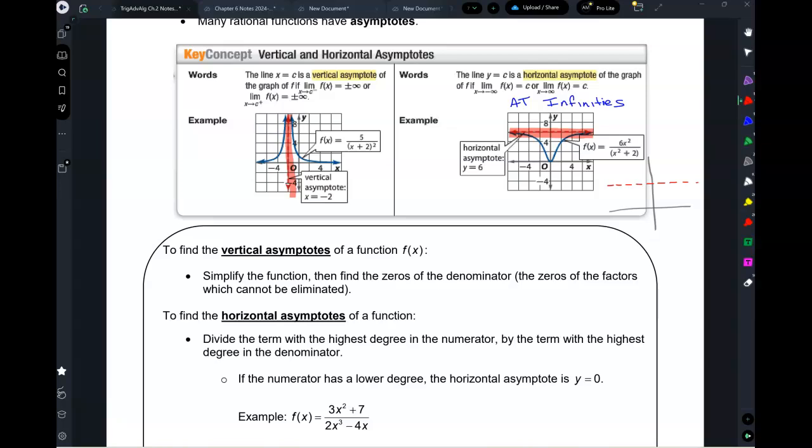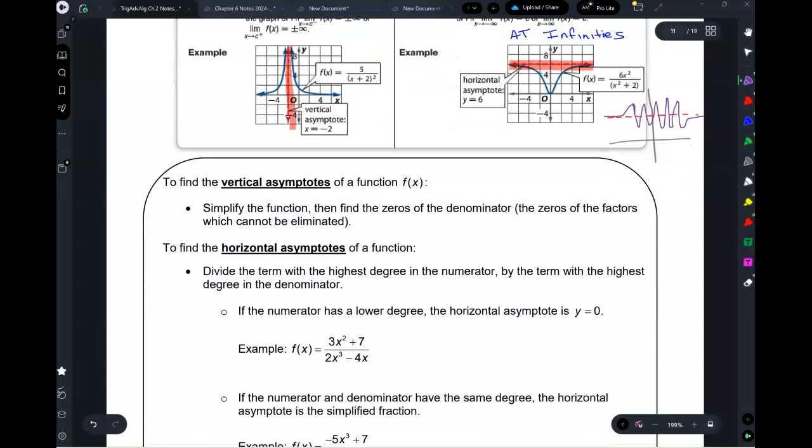The graph is allowed to cross the horizontal asymptote as many times as it wants. The stipulation is that at the infinities, at the very edges, at the far left and the far right, it has to follow the asymptote. You see that? So it's at the edges that the asymptote takes effect. So don't let that confuse you. That's just how it's defined. It's at the infinities. All right.